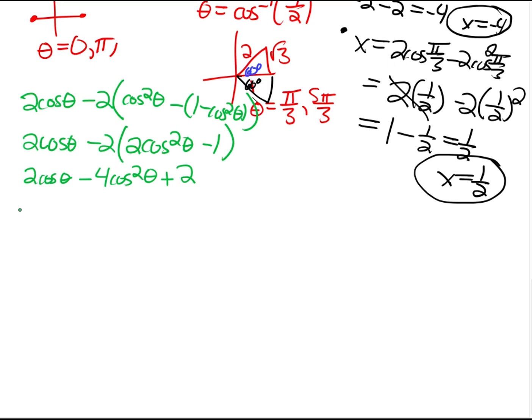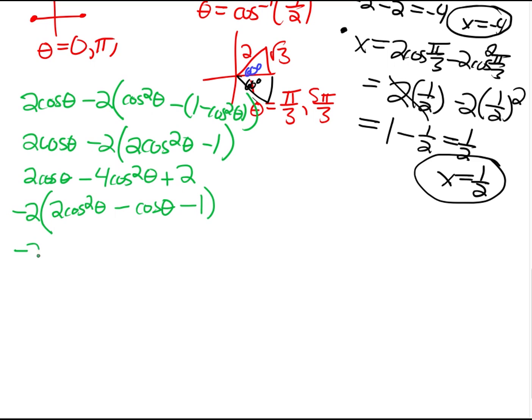In fact, I'm going to take negative 2 out. So I'm going to say negative 2, and then what's left of this term is going to be positive 2 cosine squared. And if I take negative 2 out of this one, then I have minus cosine left. If I take negative 2 out of that, I'm going to have minus 1 left.